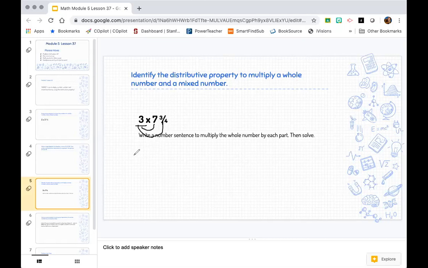So what we do, I will rewrite this. So 3 times 7 3/4 equals, so first we multiply those whole numbers, equals 3 times 7, put that in parentheses.